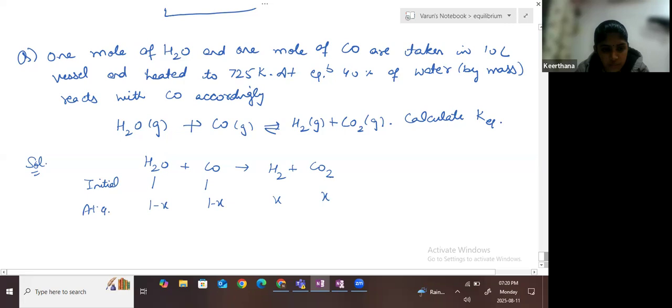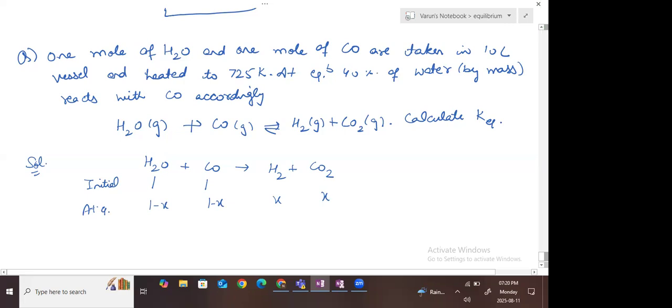Now it is saying that when we are at equilibrium, 40% of water reacts with carbon monoxide. It means if 40% is reacting, what amount are we left with? 60%.